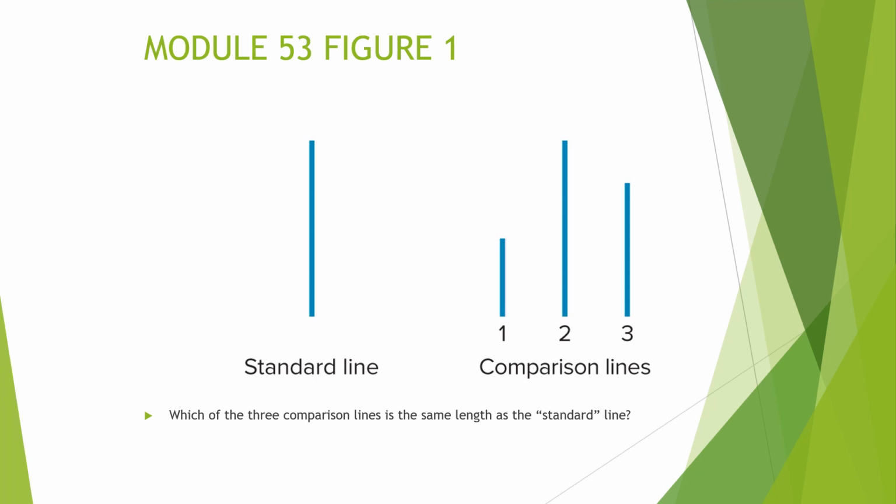They always have the participant go last. So they start going around the room, and very clearly they start saying 1, 1, 1. The participant is looking at them like, what are they talking about? Obviously, 1 is not the same length as the standard line.